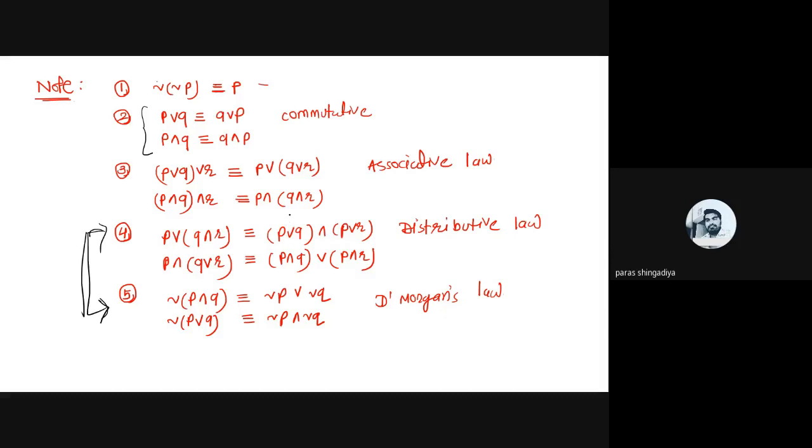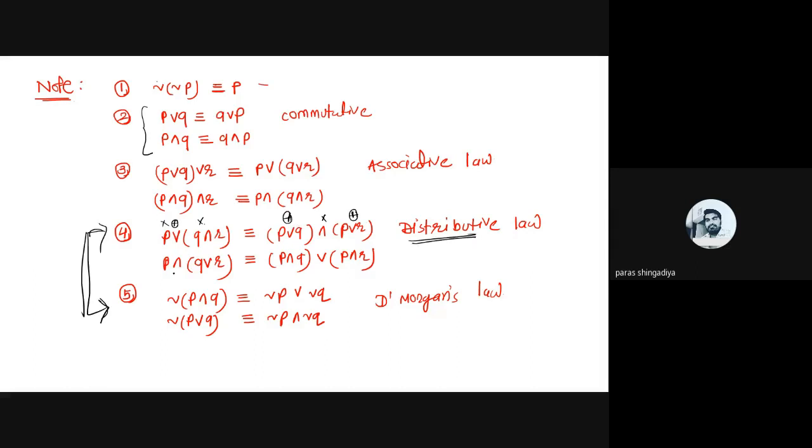Check this: P or Q is a sum, that is also a sum, and here they are multiplied, so it is a product of elementary sums. So it converts vice versa. If we have a sum of products, then we can convert it to a product of sums by using the distributive law.